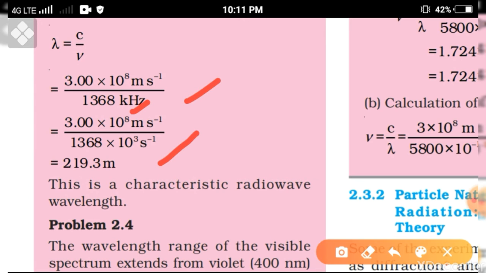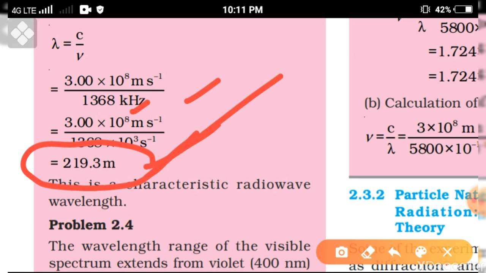After the calculation, we get 219.3 meter. This is the wavelength of the electromagnetic radiations.